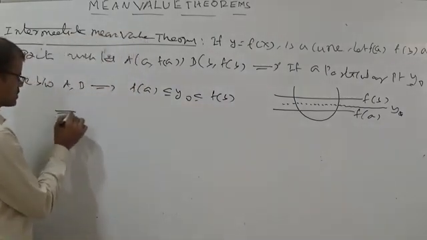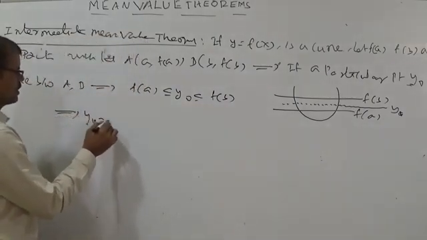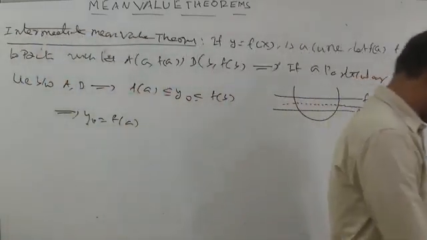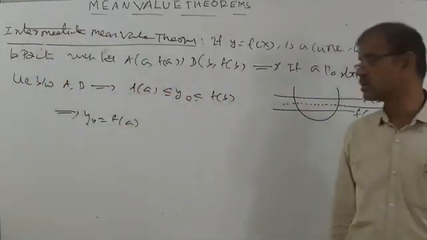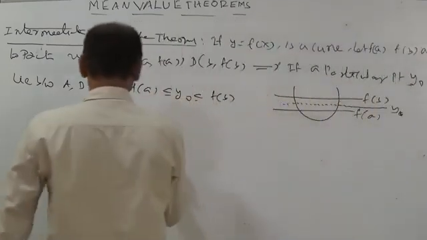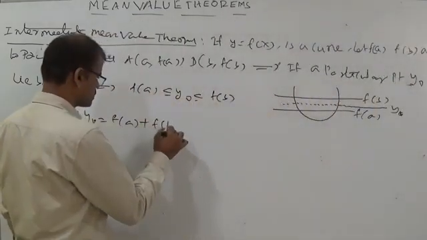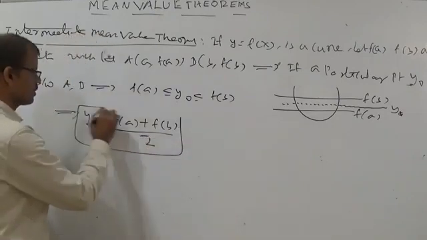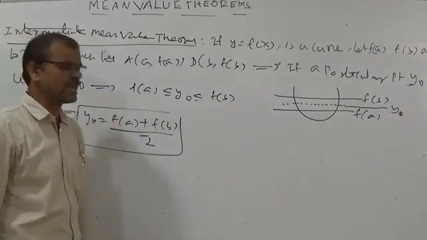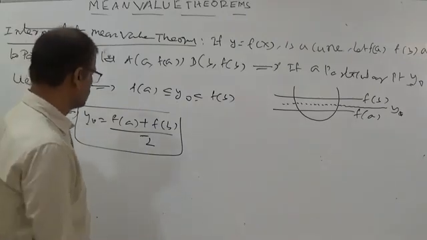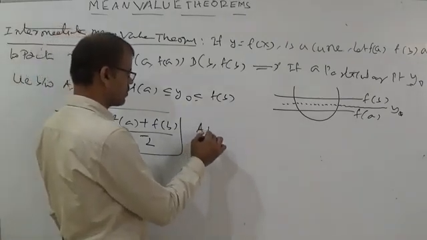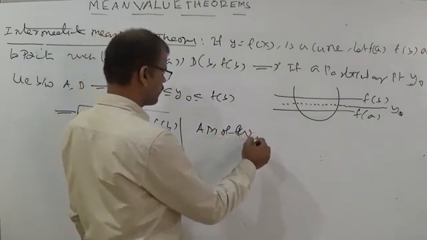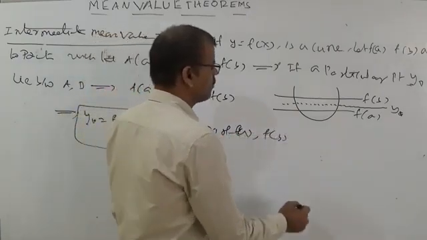That implies y naught is equal to the arithmetic mean of f of a and f of b, that is f of a plus f of b by 2. Intermediate means median, the value is the median. So it is all the arithmetic mean.